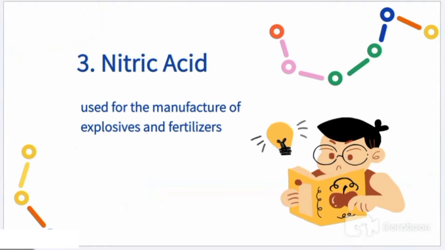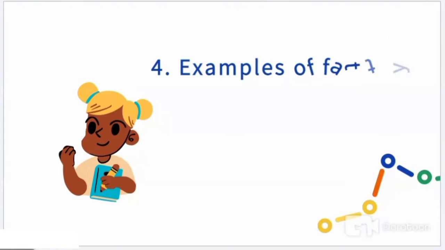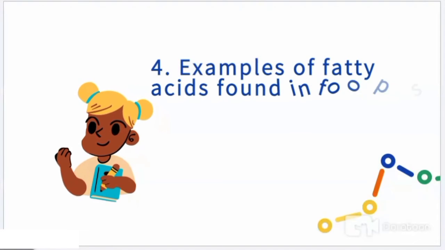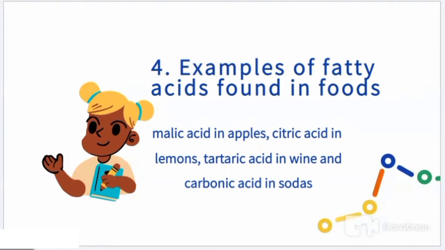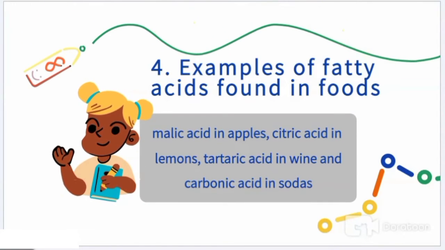Nitric acid, used for the manufacture of explosives and fertilizers. 4. Examples of fatty acids found in food are malic acid in apples, citric acid in lemons, tartaric acid in wine, and carbonic acid in sodas.